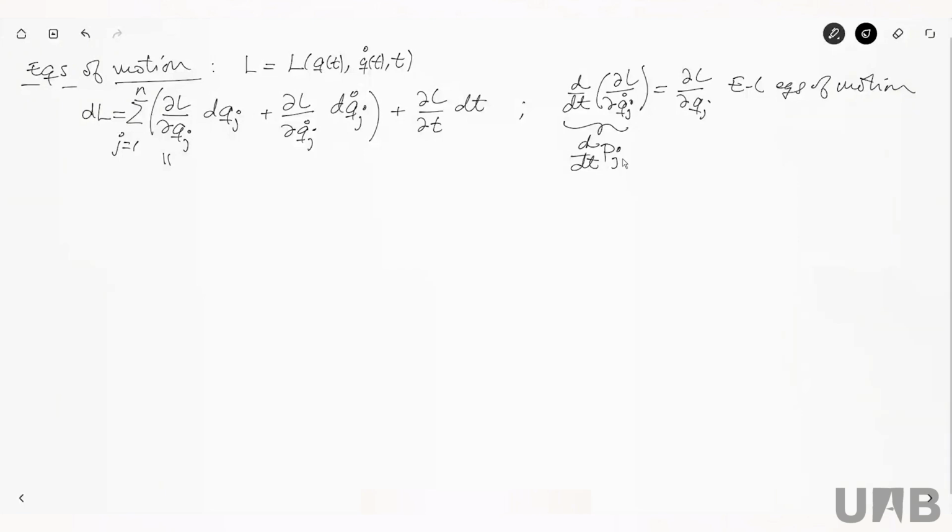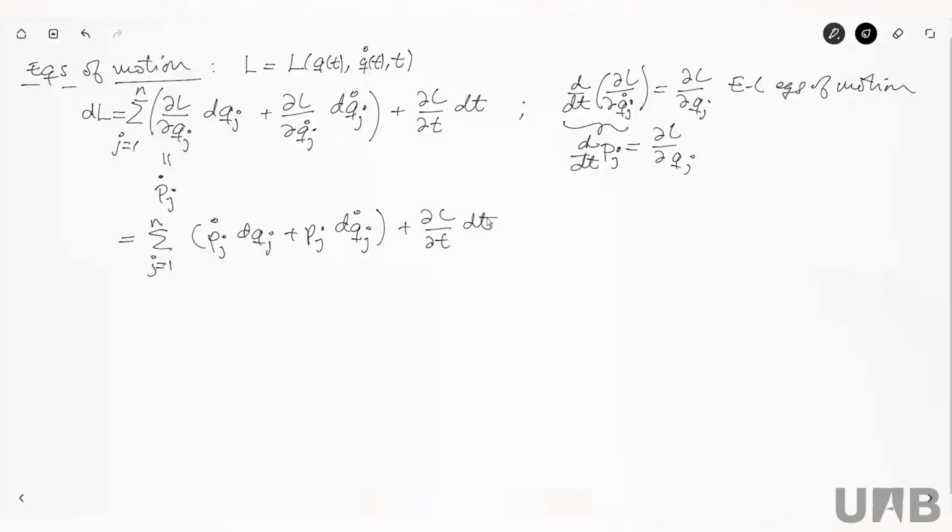So here I already have a p, which is what I want. So I can write it in a simpler way, p dot j. Okay, so then I have that this is the sum from j equals 1 up to little n of p dot j dqj plus pj dq dot j. And then the explicit time dependence.